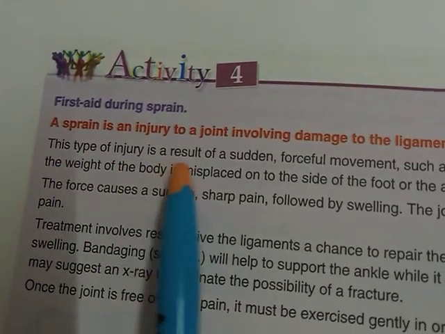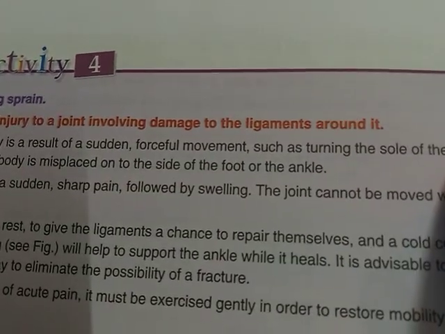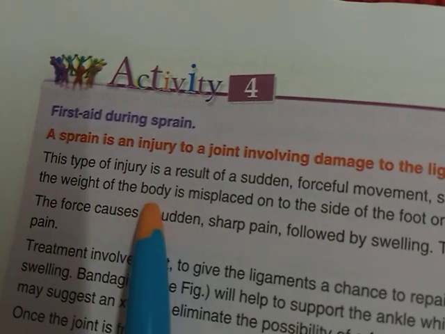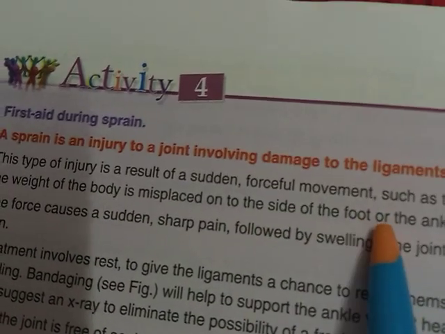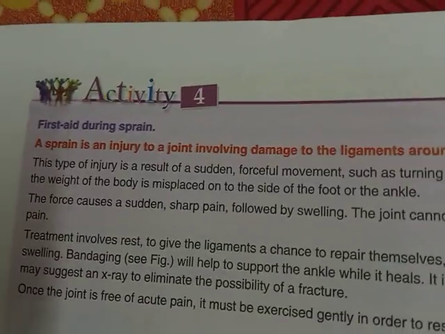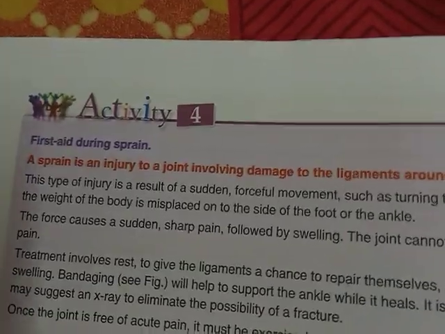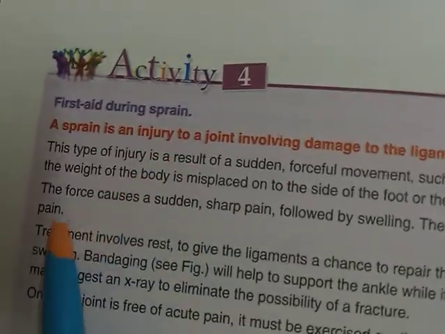This type of injury is the result of a sudden forceful movement, such as turning the sole of the foot inward so that the weight of the body is placed onto the side of the foot or the ankle. Suppose while walking in a hurry, there is wrong placement of the foot or the ankle, and we suffer a sprain.